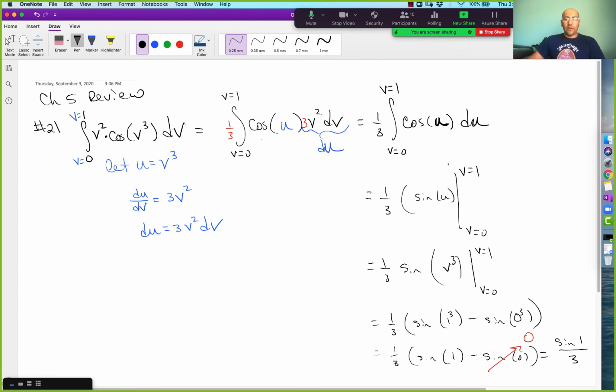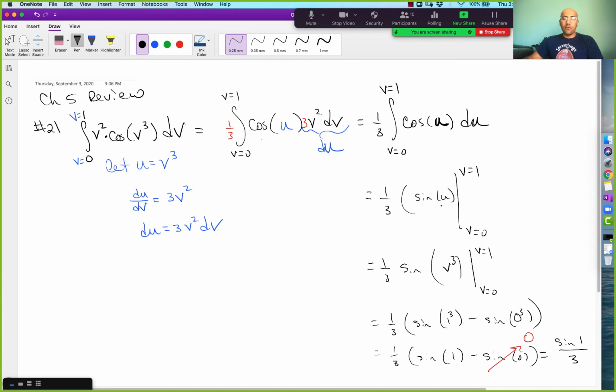Good. Okay, so one option is to keep the same limits of integration with the same variable that you started with. Just make sure you keep track of them. Then find the antiderivative of this. Keep working with that new letter, in this case a u. Good.